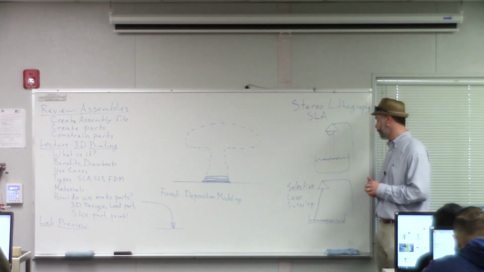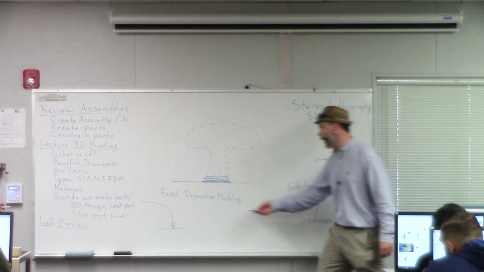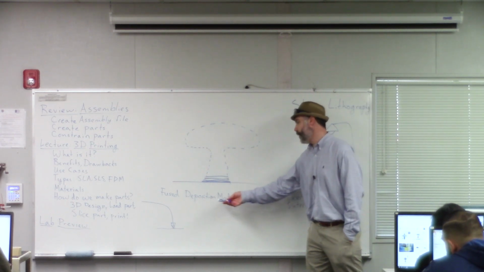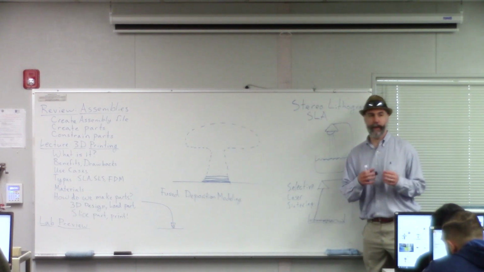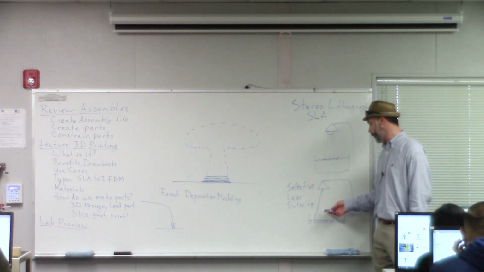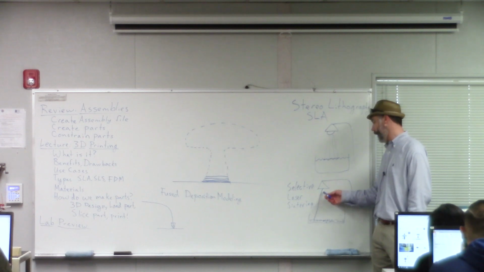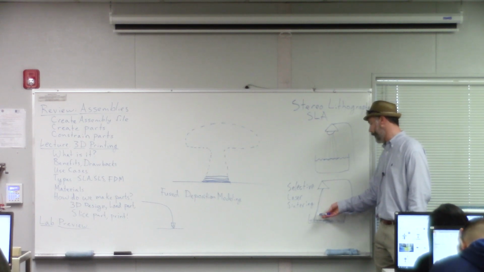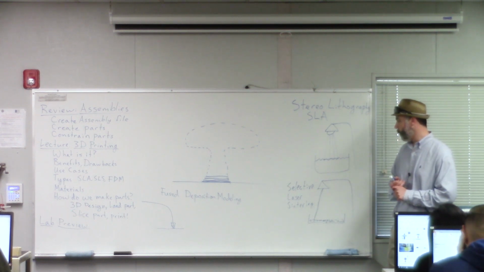So especially with the selective laser sintering and the fused deposition modeling, you can include metals in your parts. So with the selective laser sintering, you can actually have a fine metal dust here, and you can have a laser that is powerful enough to melt that metal. So that's one thing.